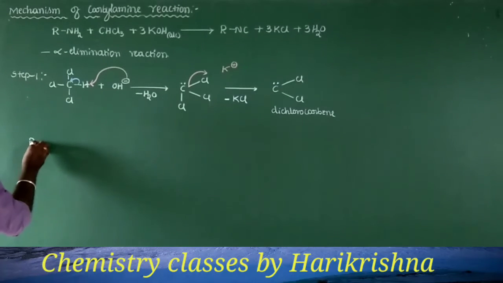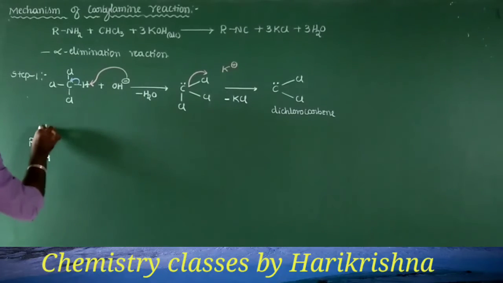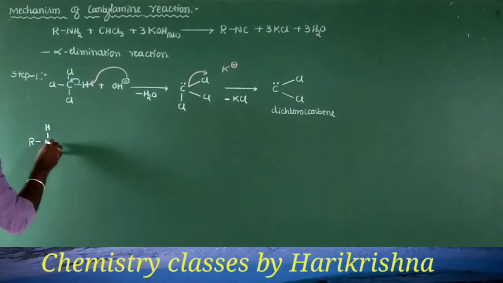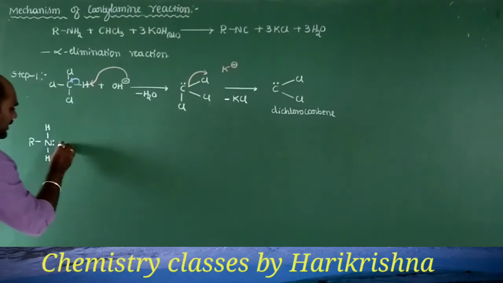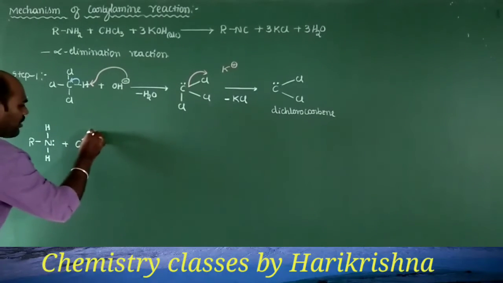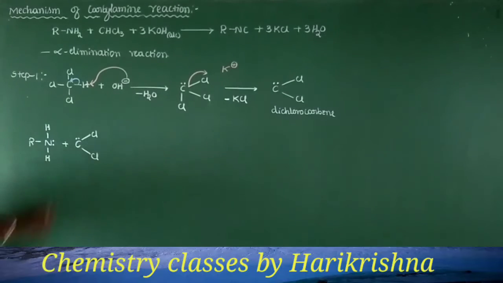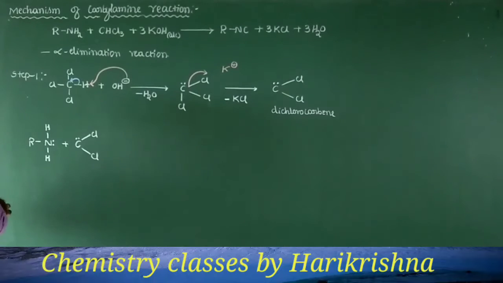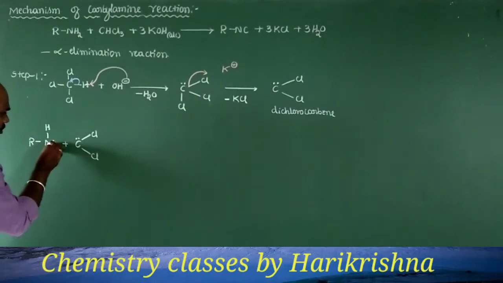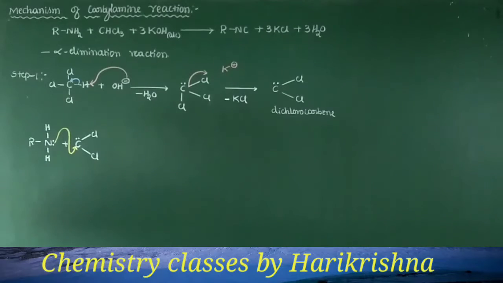So that will be in this way, R NH2, and we will be having a lone pair of electrons on the nitrogen atom. And now this primary amine comes in contact with this dichlorocarbene carbon. This carbon is electron deficient. So this lone pair of electrons present on the nitrogen atom will attack the carbon atom.